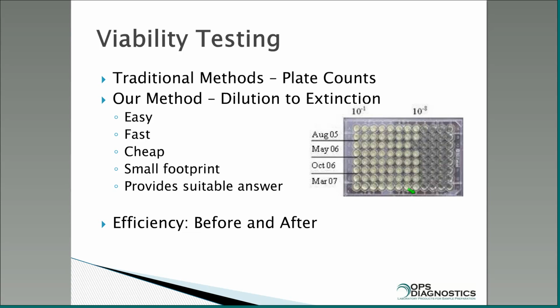I consider myself successful if I can get to within 1 log of the pre-freeze-dried sample. So if I get to 10 to the 7th, that's not great, but it's still pretty good. You're talking about billions of cells. If I'm way down here at 10 to the 3, I have a bug that's just not cooperating, and I can either be happy with that or I can try to do something else and try to make it more viable. Some organisms just don't like to cooperate, and that's just life, but you have to try to work around it.